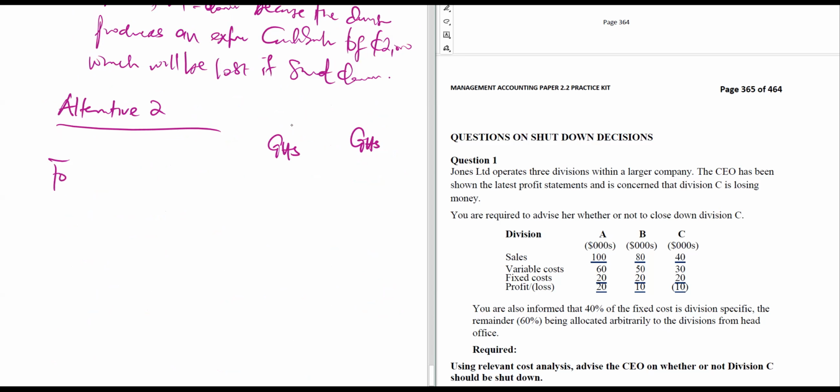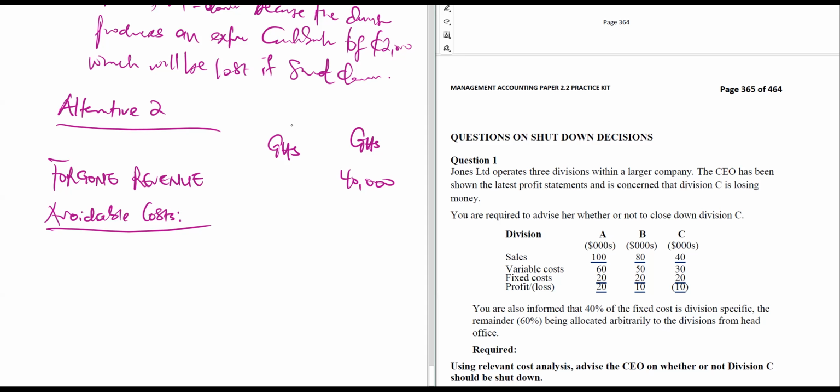I said we compare our foregone revenue, which is 40,000, against our avoidable cost, right? That was the decision criteria I gave you. So you can use this approach. What is the revenue I'm going to lose if I close the division? And then what are the avoidable costs of shutting down?